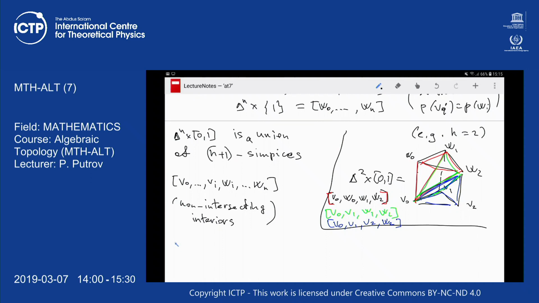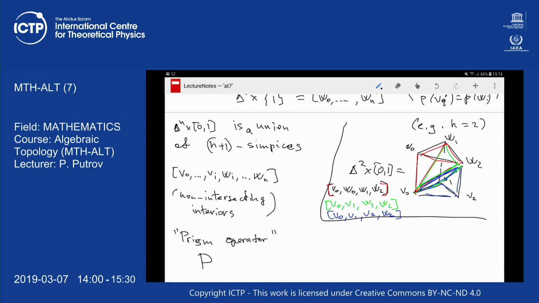Now we can define what is called the prism operator. So this will be an operator P which acts from Cn of x to Cn plus 1 of y.